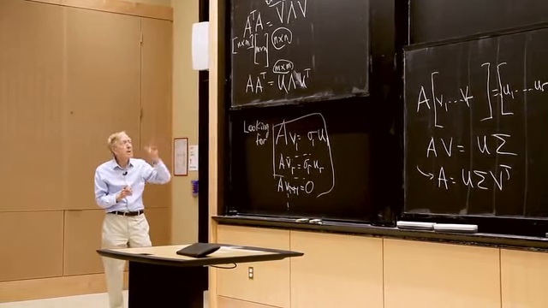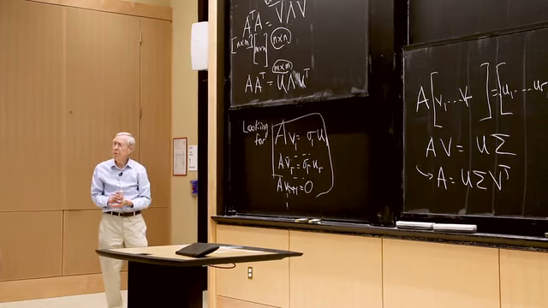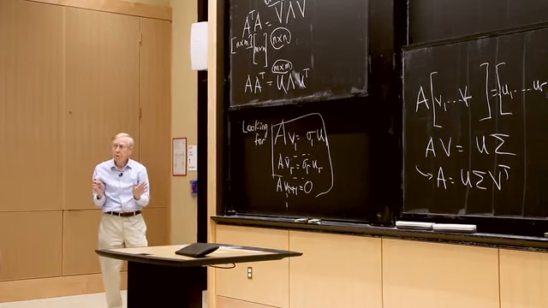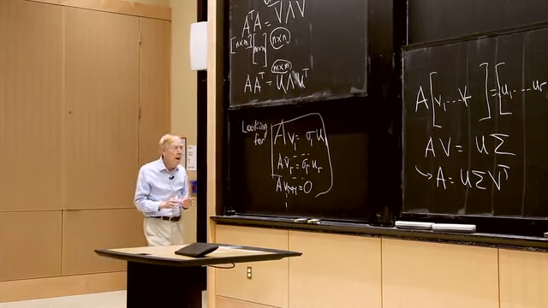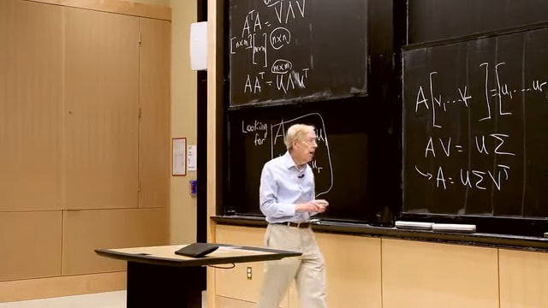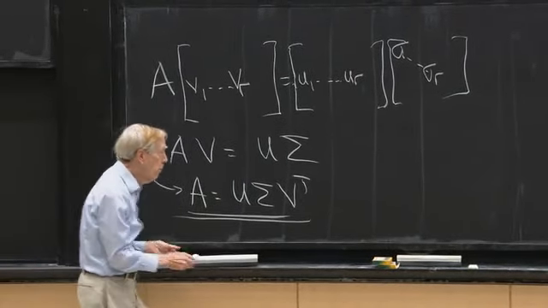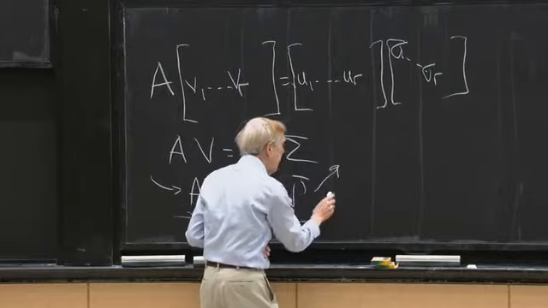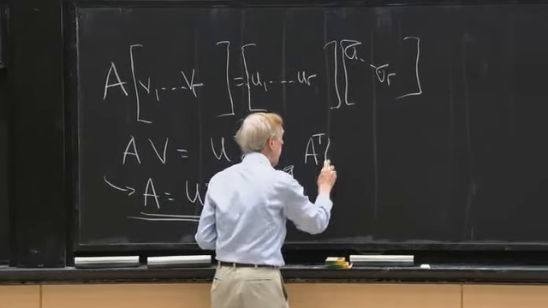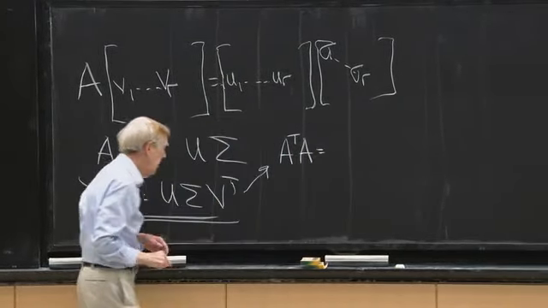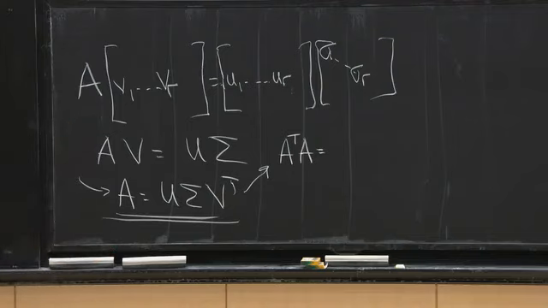Well, the cool idea is to think of A transpose A. So you're with me on what we're after. And now think about A transpose A. If this is what I'm hoping for, what will A transpose A turn out to be? So big moment, that's going to reveal what the V's are.